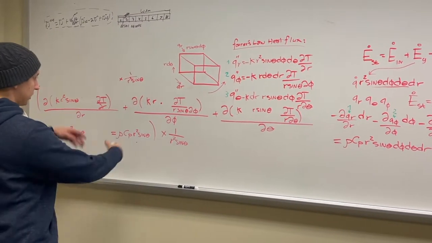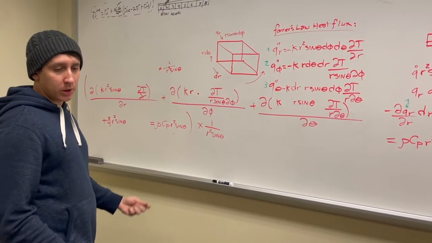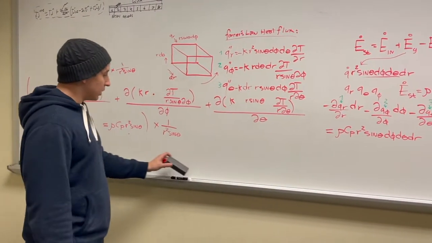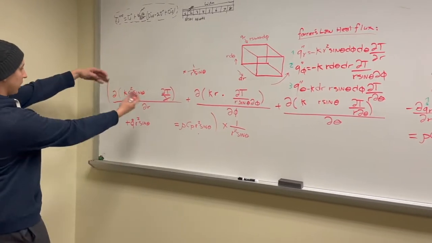And at this point, now we can clean this up and get our final equation, and you guys will see the spherical coordinate equation for heat diffusion in all its glory. Woohoo, look at that.